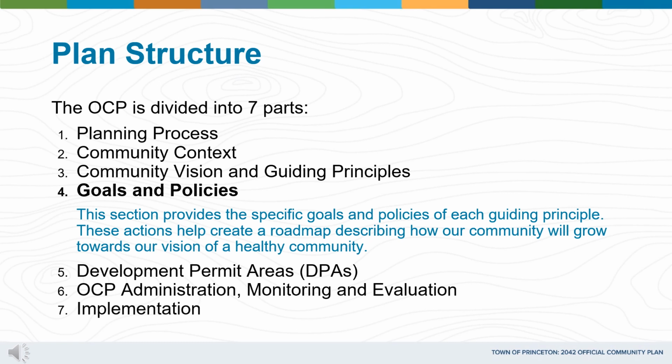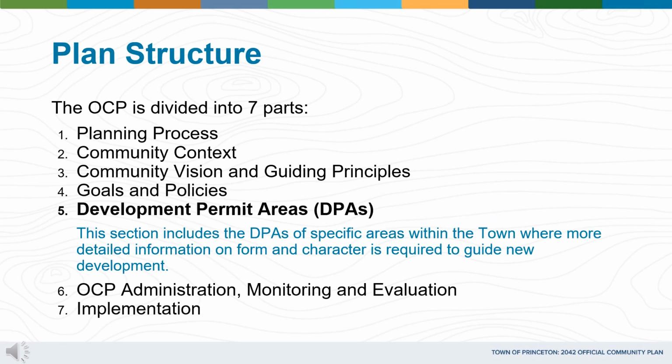Part 4, Goals and Policies, includes specific goals and policies of each guiding principle. These actions help create a roadmap describing how our community will grow towards our vision of a healthy community. Part 5, Development Permit Areas, includes the DPAs of specific areas within the town where more detailed information on form and character is required to guide new development.